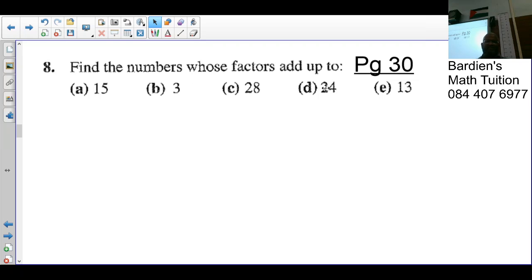Find the numbers whose factors add up to 15.